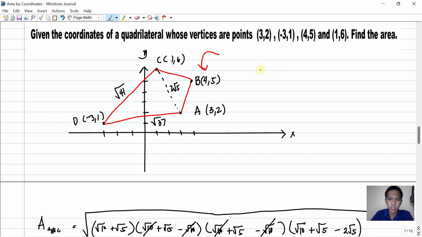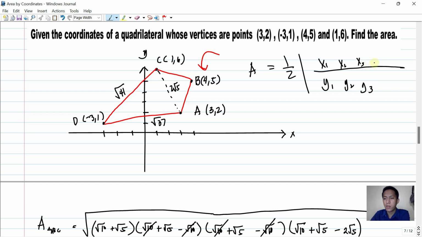So let's go back to the third method, which is the shoelace formula. Basically, what we're going to do is area equals 1/2, then lay out all the coordinates. Here we have x1, y1, x2, y2, and x3, y3, and since there are four points, x4, y4, then repeat the first data, x1, y1.